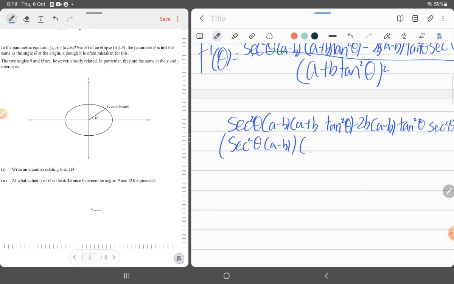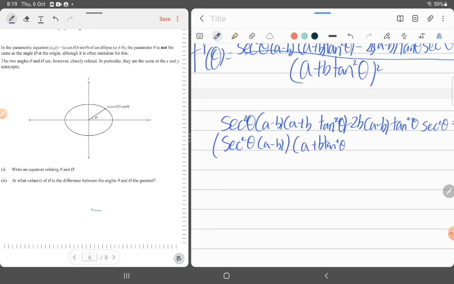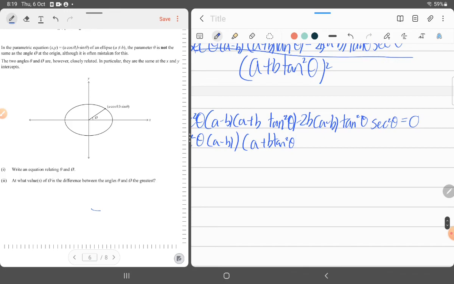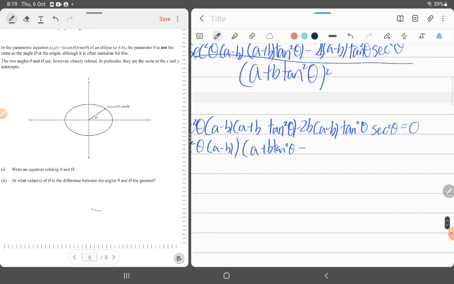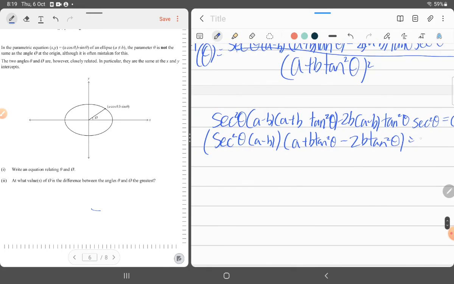This times (a plus b tan squared theta) minus 2b tan squared theta equals 0.